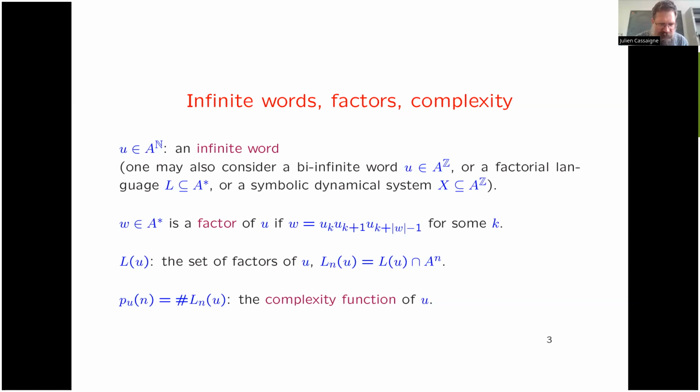When you have an infinite word, you can take its factors, which are the finite words that occur in it, and they make a nice language. Then you can count them according to their length, and you get the complexity function. It maps any non-negative integer n to the number of distinct factors of length n that occur somewhere in the infinite word.